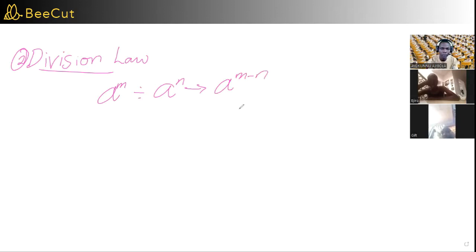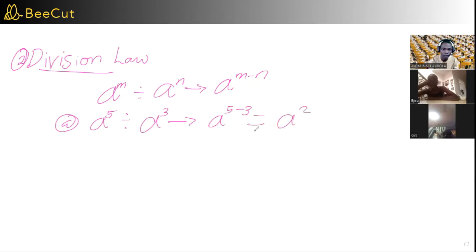So if you have something like the examples I use, let me use the same A raised to the power 5 divided by A raised to the power 3. Then my answer is going to be A raised to the power 5 minus 3, and that is going to be A raised to the power 2.